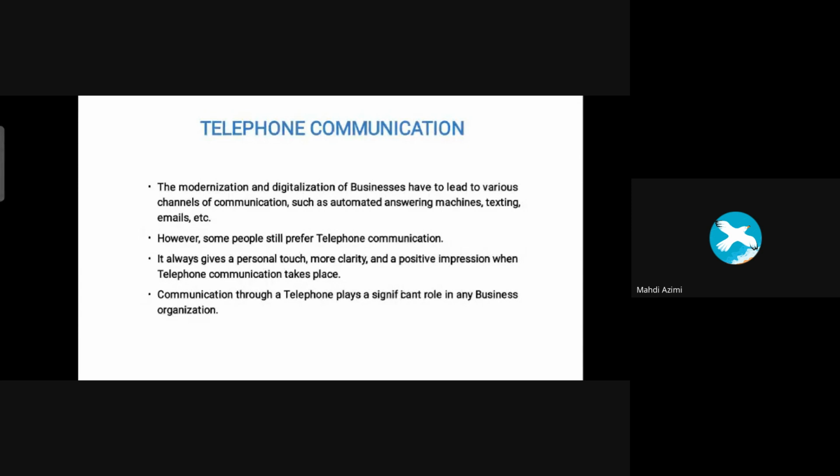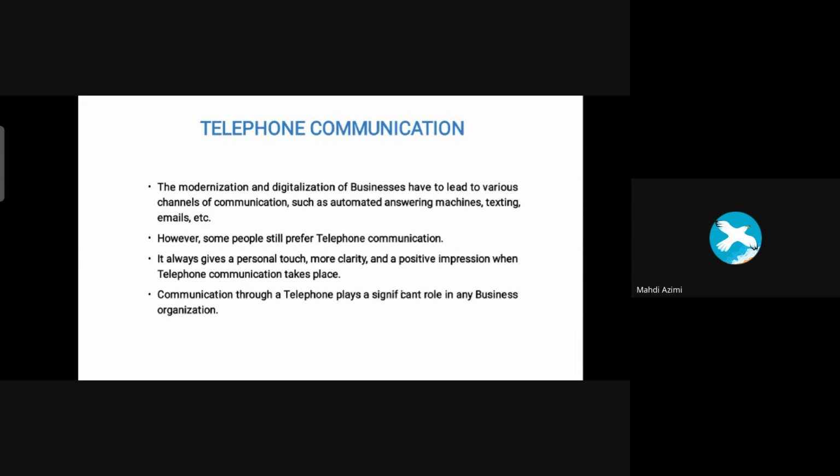So we have a conversation through the telephone. There are automated answering machines, texting methods, and emails. We utilize all these techniques for all our conversation and communication.